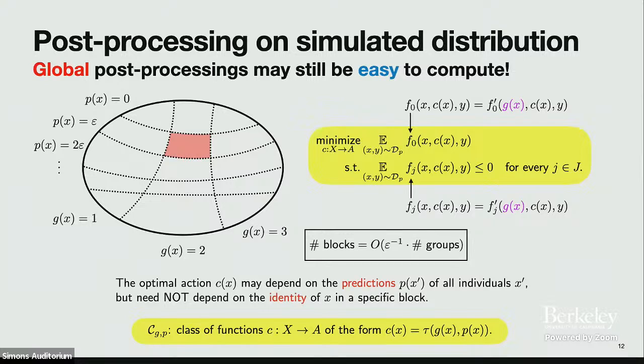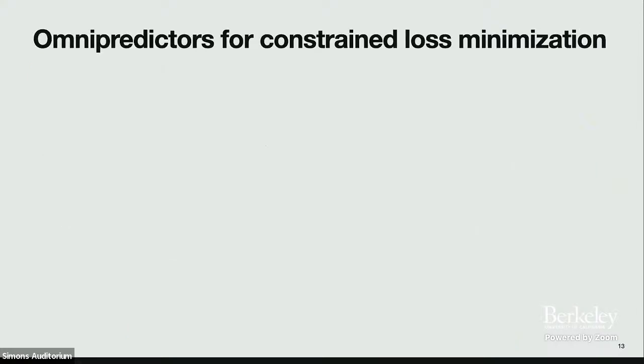And this leads to the view of Omnipredictors as data structures and not just predictors. I'm happy to chat more offline about this new viewpoint, but I don't have time to say very much in this talk. So now that we know the post-processings can be efficiently computed, we can meaningfully define Omnipredictors for constrained loss minimization.